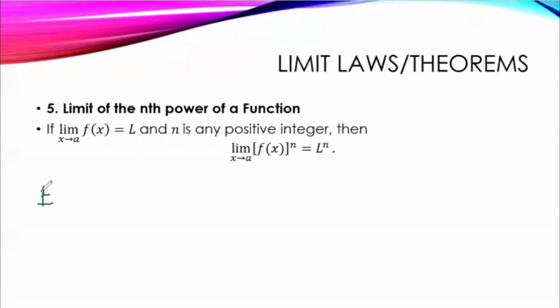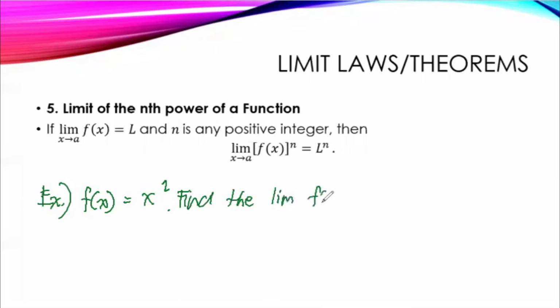To give you an example, suppose we are given a function f of x equal to x squared. Now find the limit of f of x as x approaches 4. How can we solve it? We can solve this by applying this theorem.